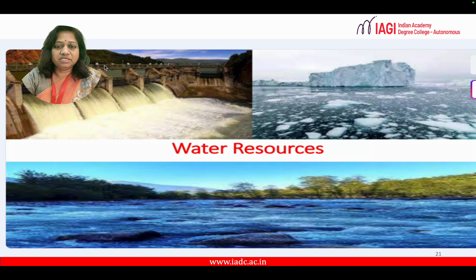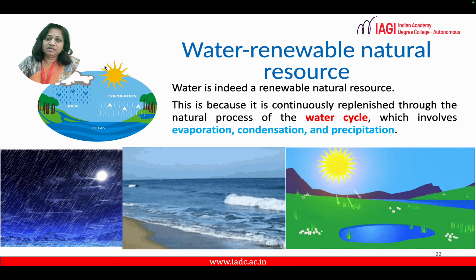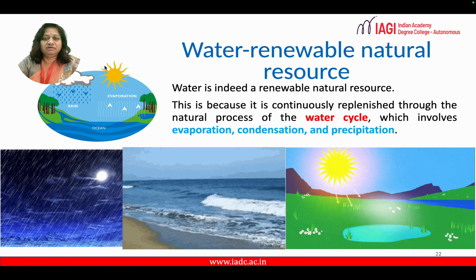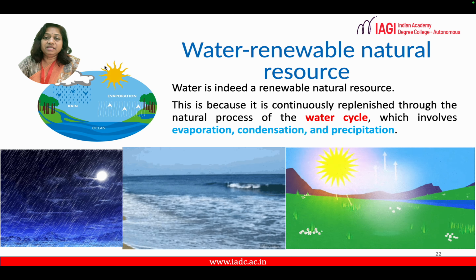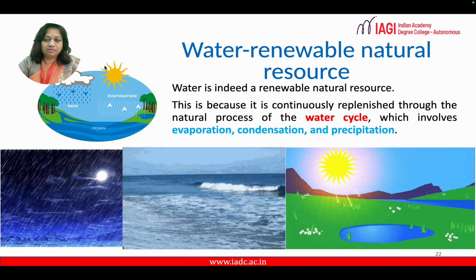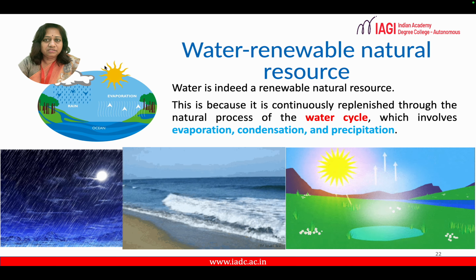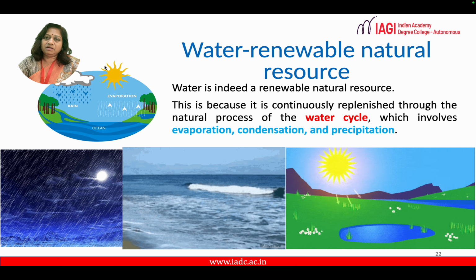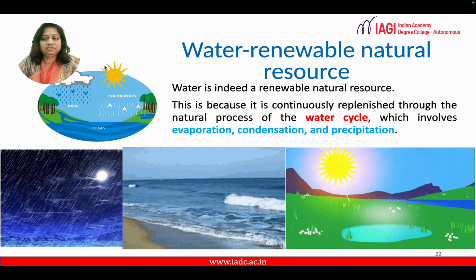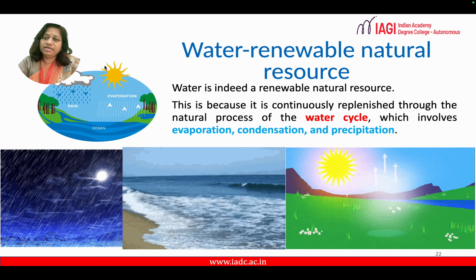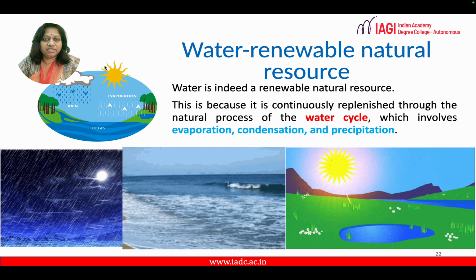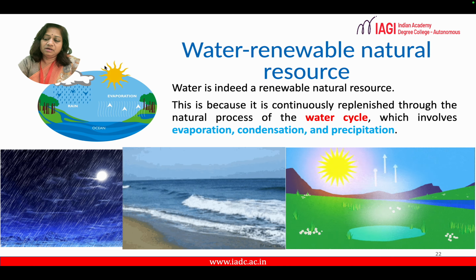The next resource is our precious water. You all know how important water is for us, and this precious resource we can replenish by a natural process called the water cycle. For example, in hot climates the water from water bodies like rivers and oceans becomes water vapor, goes up into the atmosphere where it condenses and forms clouds, and again with the help of rain, by precipitation, it comes back to the earth's surface.